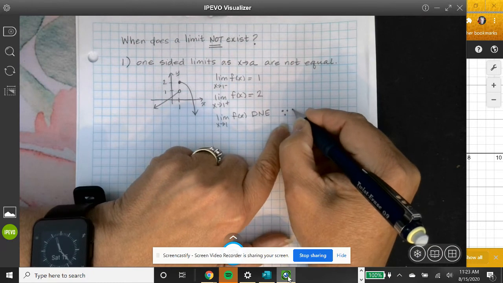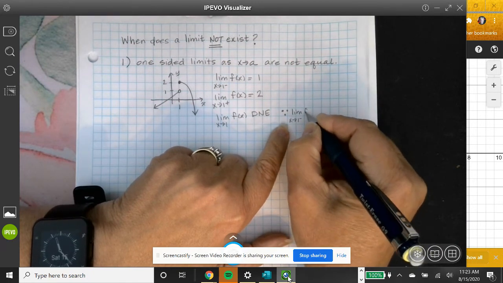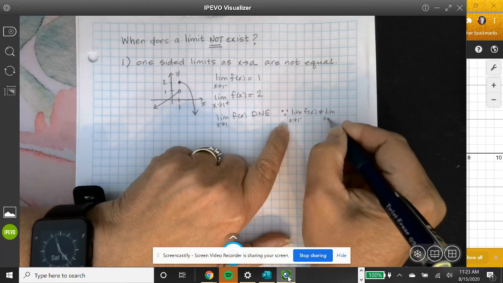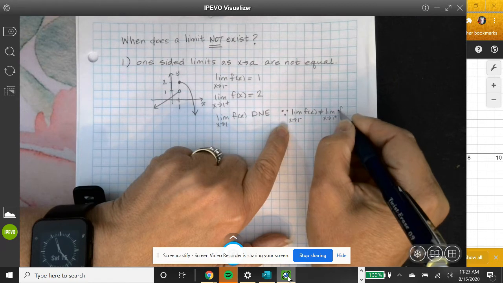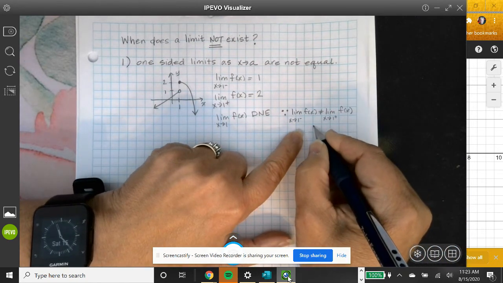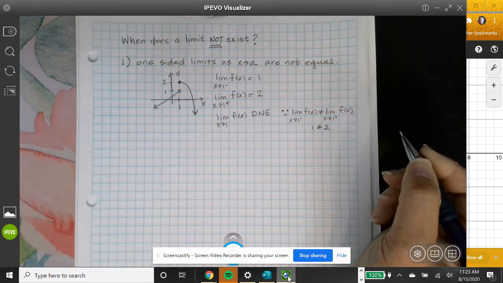How do we know it doesn't exist? Well, we know because the limit as x approaches 1 from the left side is not equal to the limit as x approaches 1 from the right side. Okay, and I would want you to tell me what those limits are. 1 is definitely not equal to 2. Okay?